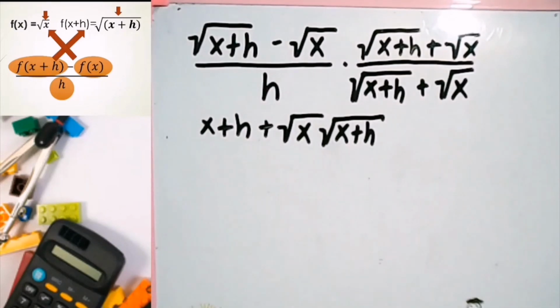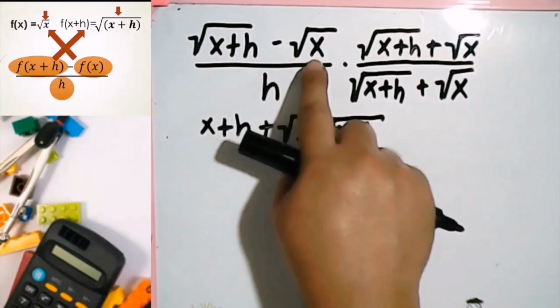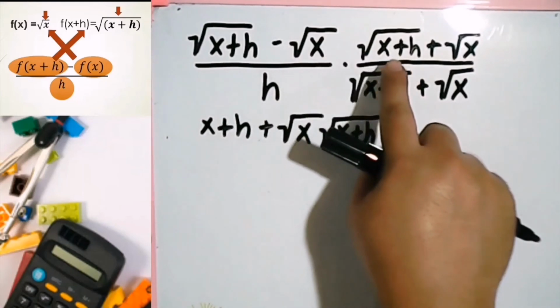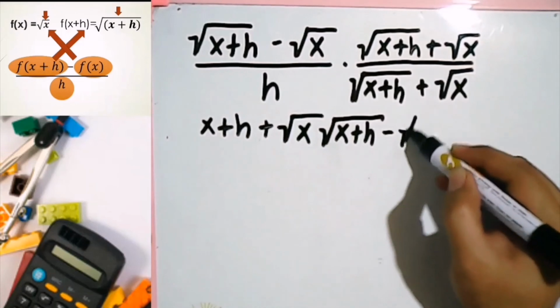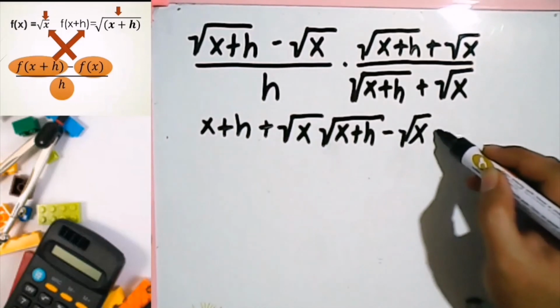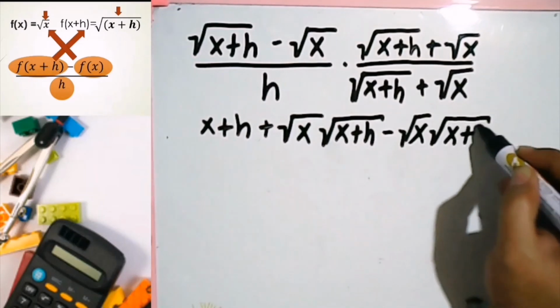And then what we are gonna do is to multiply negative square root of x to square root of x plus h. So the answer will be negative square root of x times square root of x plus h.